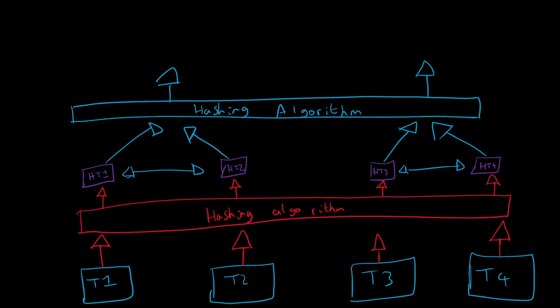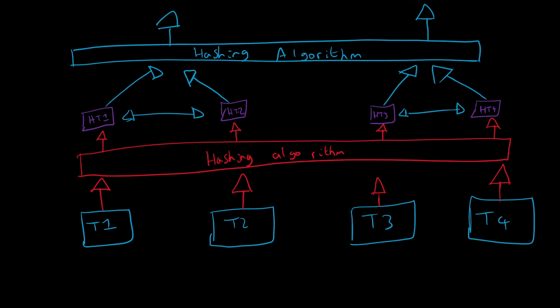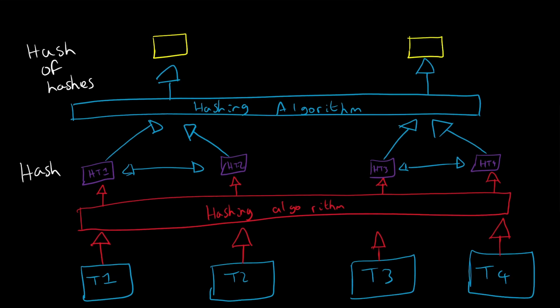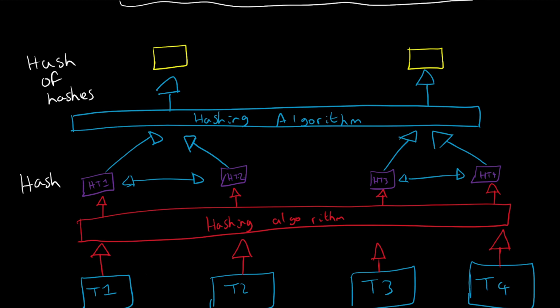Right here we get a hash of the original transaction, and then here we get a hash of hashes. So this is a hash of the hashes, and I'm going to call these HH1, HH2.